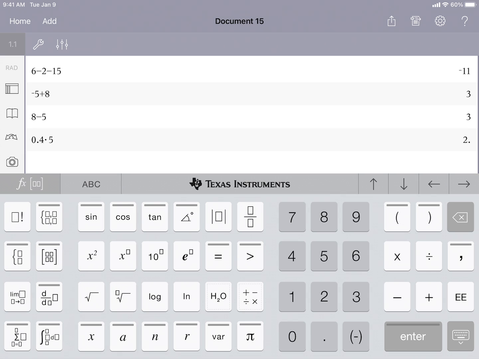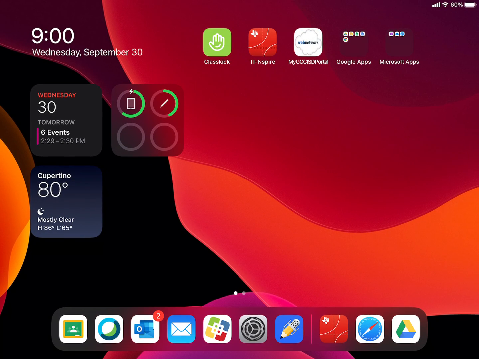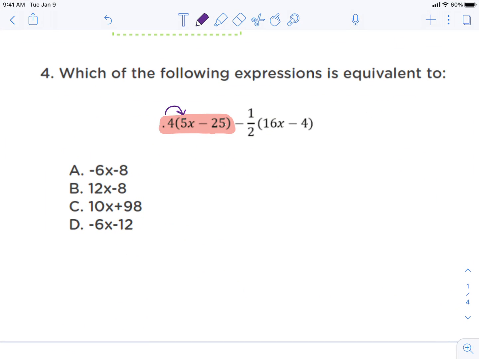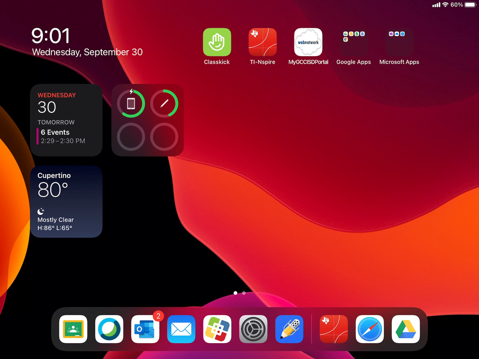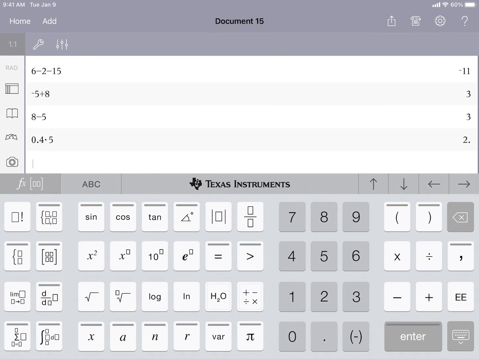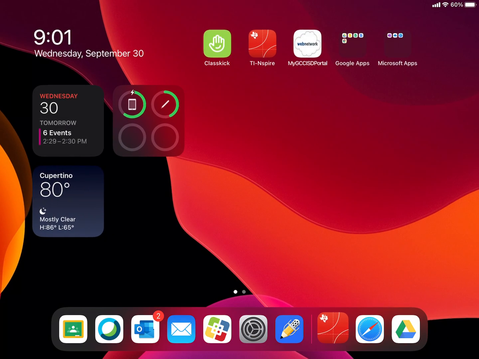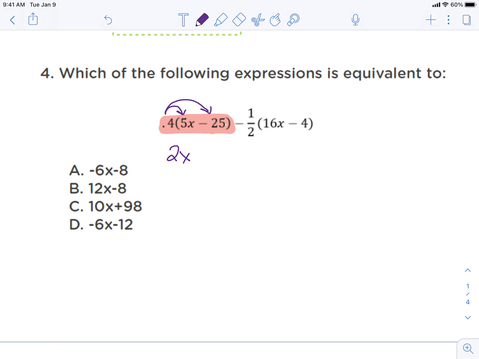When you do 0.4 times 5, you get 2. So we go back. 0.4 times 5x would just be a 2x. Now I'm going to do 0.4 times a negative 25. I go back to my calculator and do 0.4 times a negative 25. I get a negative 10. So I'm going to write negative 10.